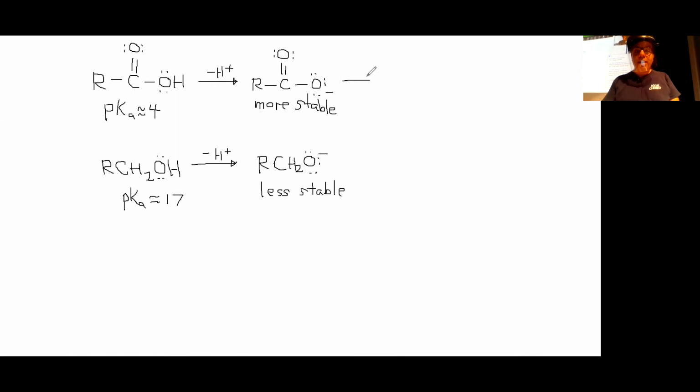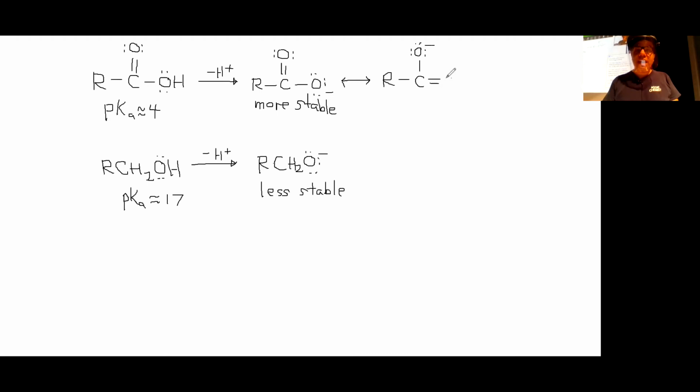But it's not just the inductive effect. We can also invoke resonance here. Recall that carboxylate ions, which is what we call species like this, that are the conjugate bases of carboxylic acids, are resonance stabilized species.